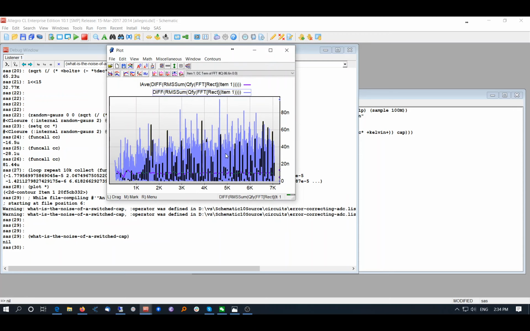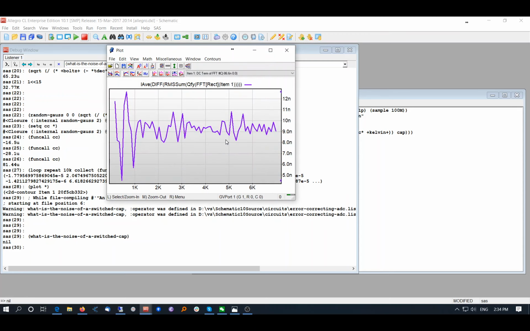Right, so now I'm going to delete that guy in the background, and that is the kind of average that we're getting. That is the estimate from this simulation of the noise per square root hertz that we've got as a result of sampling a signal with a 1 picofarad capacitor.